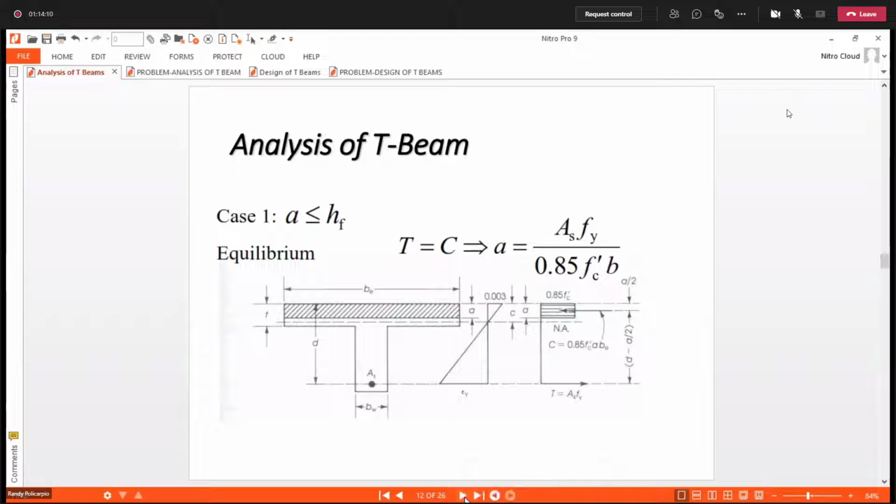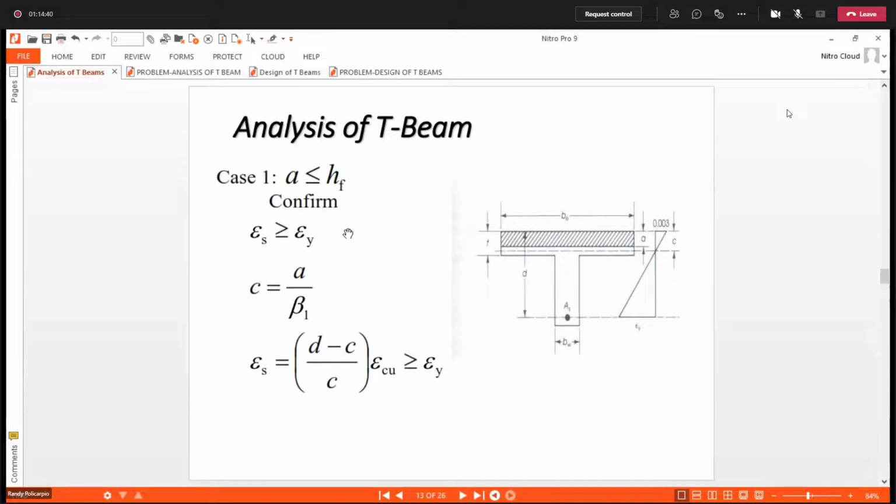Let's check later if it is really b. We have here the compressive force equal to 0.85 f'c a be. So this is be, it is not written, but in this drawing the compressive force is 0.85 f'c a be.